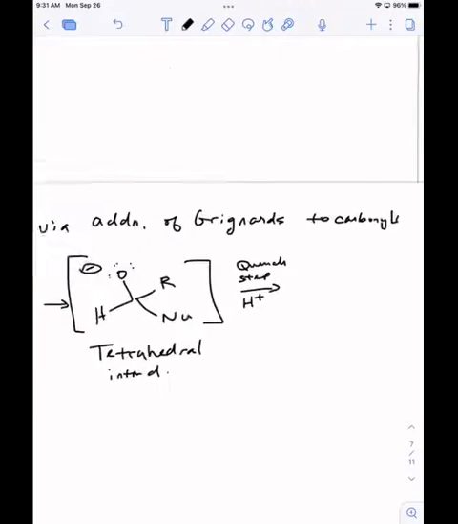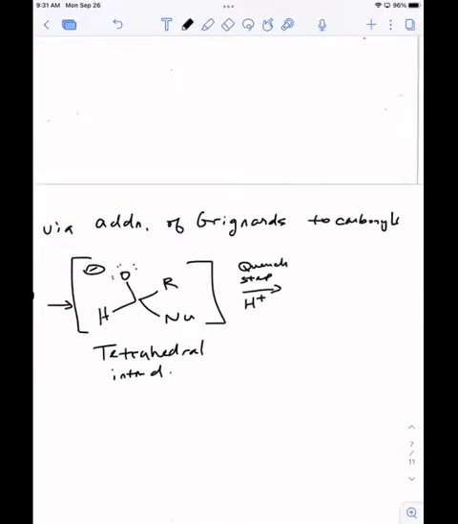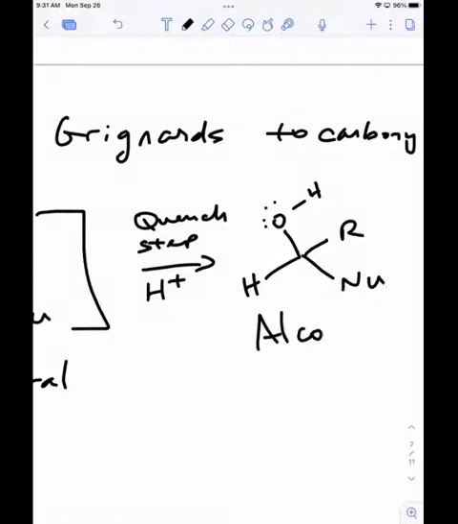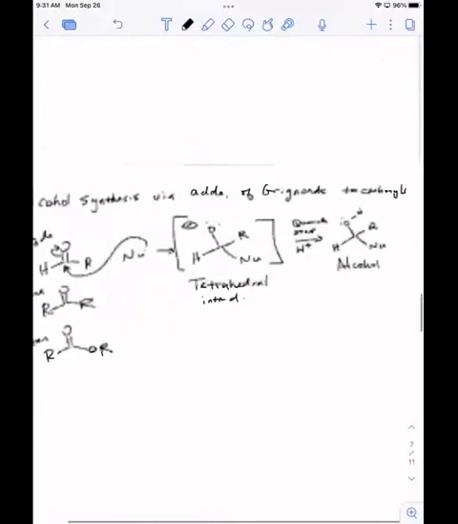Right, but when I add this in, this is how I generate my alcohol. So it's going to be here. Right, that's how I get the alcohol. I add the organometallic, and then I get the intermediate, and then I quench it with a proton source. So I do a proton transfer.